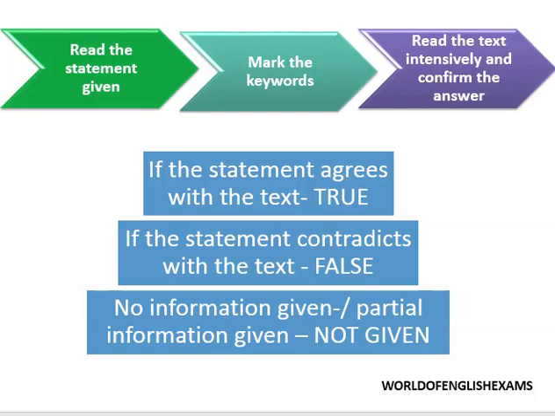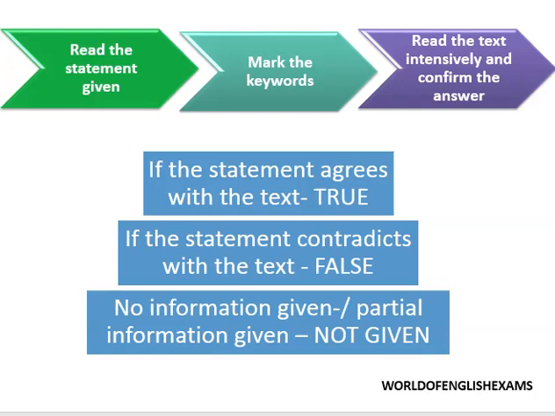They just skim for the keywords. As and when the keywords are matched, they will confirm the answer. But we are not going to commit that error. We are not going to take the risk because we know that true, false, not given are compulsory in the test. So read the text intensively, read it closely, observe the meaning of it before arriving at the answer.